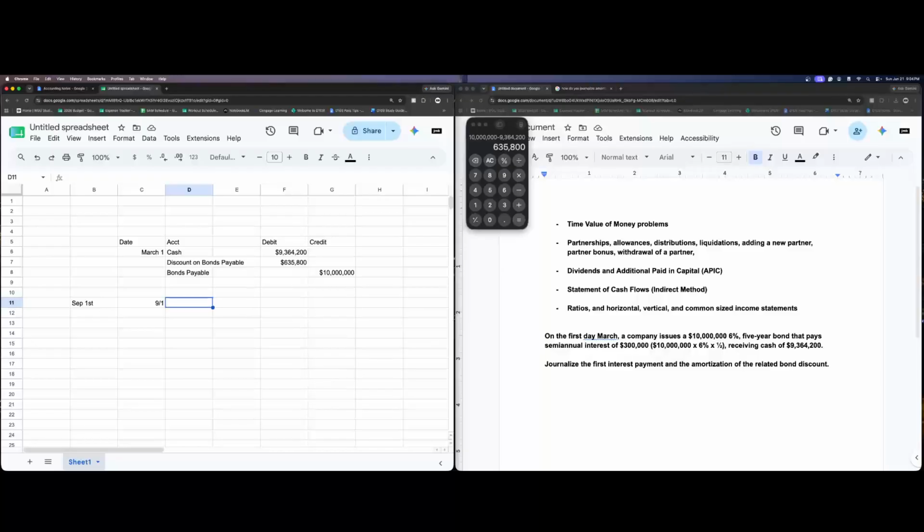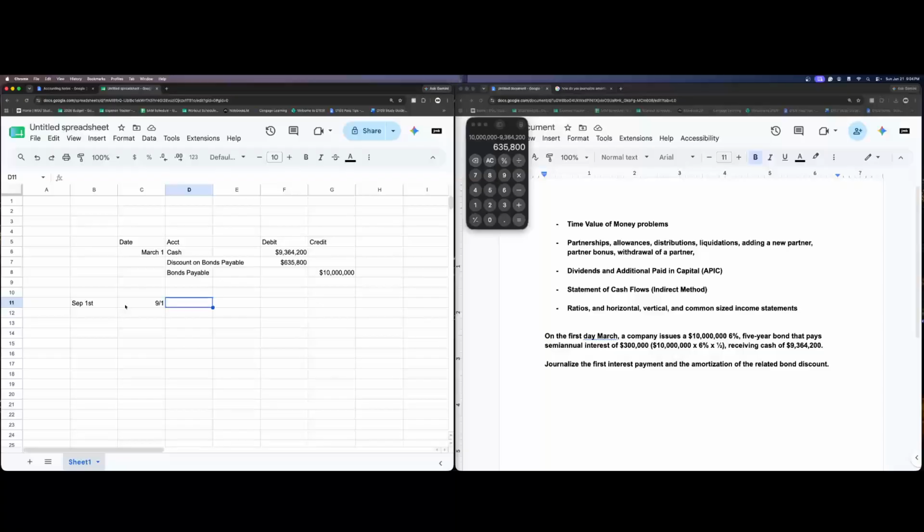You guys can do your own research, this could be incorrect, but pretty much 6 months after that bond was issued, which is September 1st, the first interest payment.